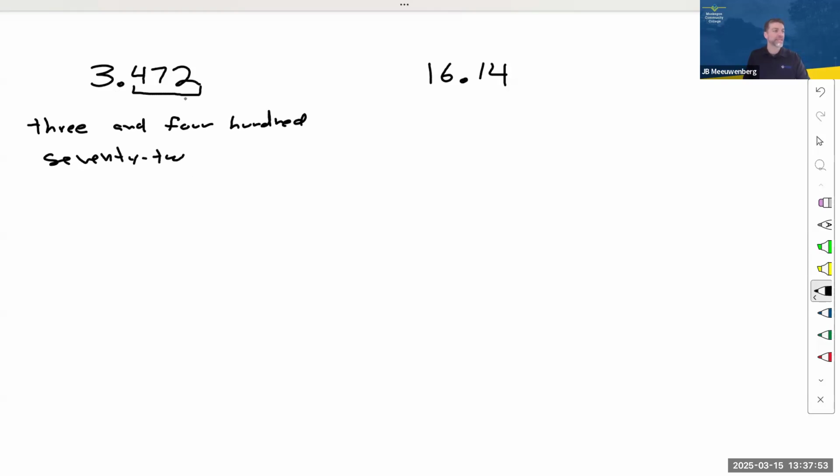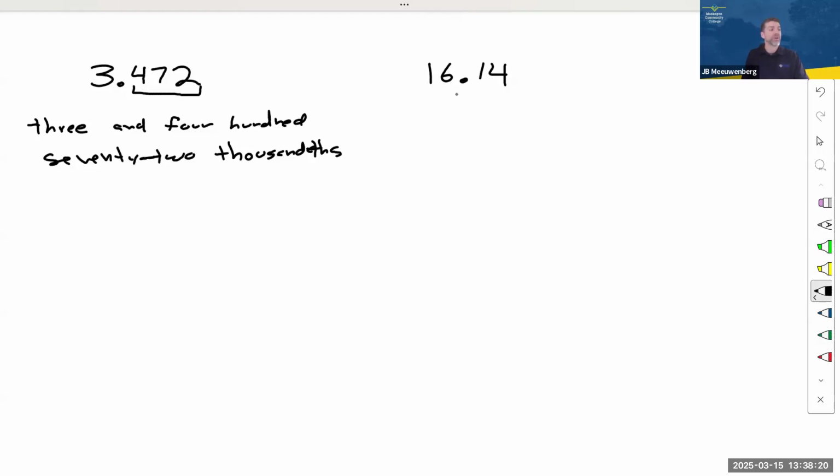And the last thing that we would note is the last digit's place value, and that is in the thousandths. So, thousandths. And one other note, I mentioned this in a previous chapter, there is a hyphen between numbers 21 through 99, except for the multiples of 10. So 72 technically gets a hyphen in it.